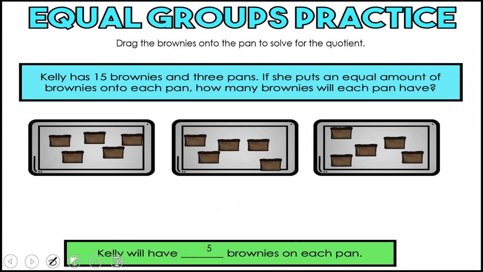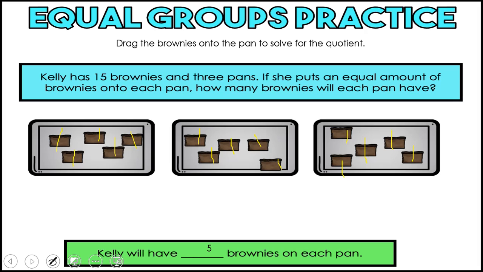Okay, so yesterday we talked about equal groups, and I'm not going to make you sit here and do this again with me. Kelly had 15 brownies and 3 pans. Let's just check. We have 1, 2, 3, 4, 5, 6, 7, 8, 9, 10, 11, 12, 13, 14, 15, okay? So we have split up the 15 brownies into 3 different pans, and we've made sure that each pan has an equal amount of brownies on it.